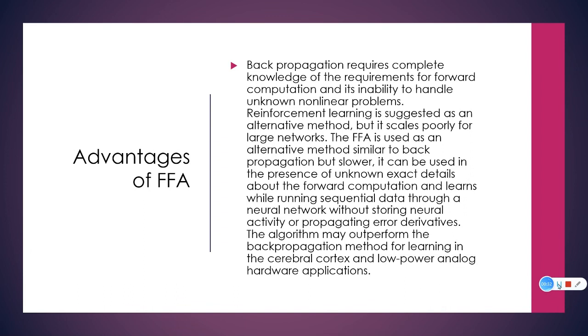The FFA is used as an alternative method similar to backpropagation but slower. It can be used when the exact details of the forward computation are unknown, and it learns while running sequential data through a neural network without doing backpropagation.